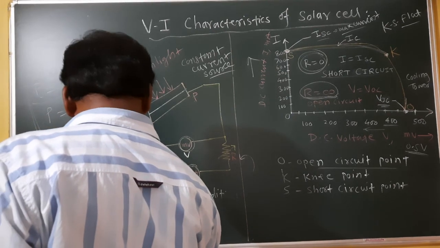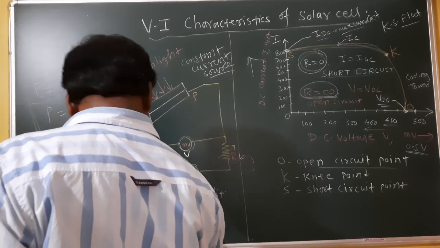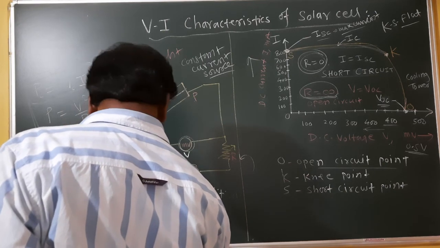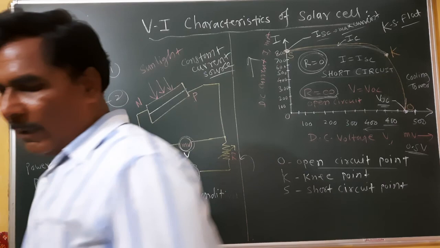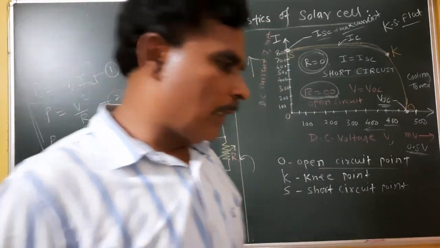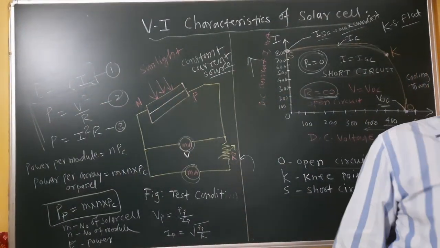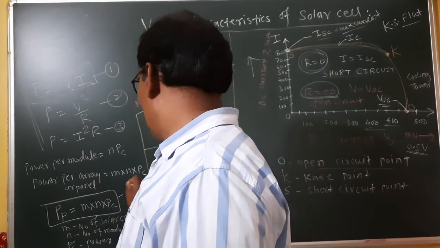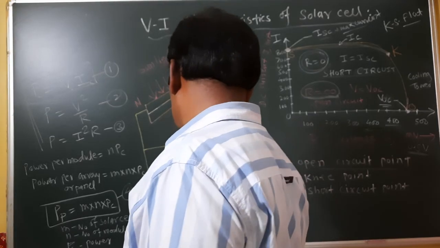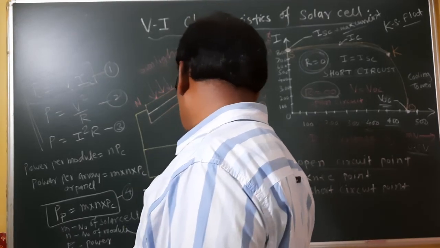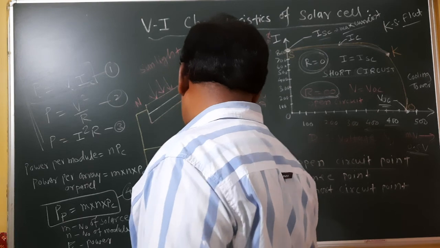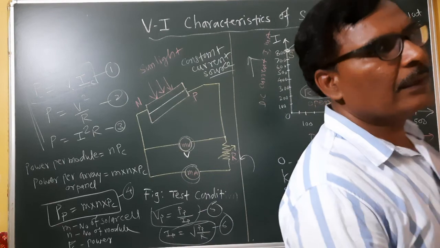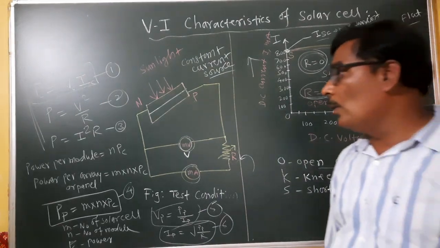Current IP equals the square root of PP divided by R. These are very important formulae for calculating the power from the solar cell, and voltage and current can be calculated, and power per module can be calculated using this formula. These six formulas are very important in this chapter for calculating power, voltage, current, resistance, and power per module.